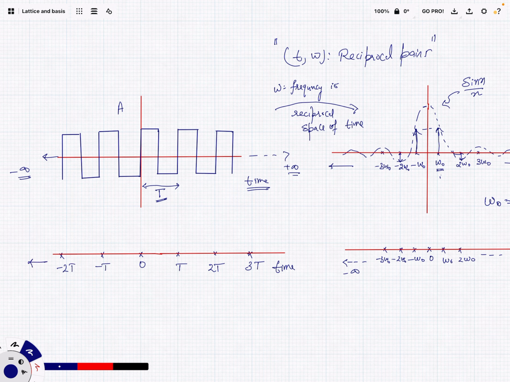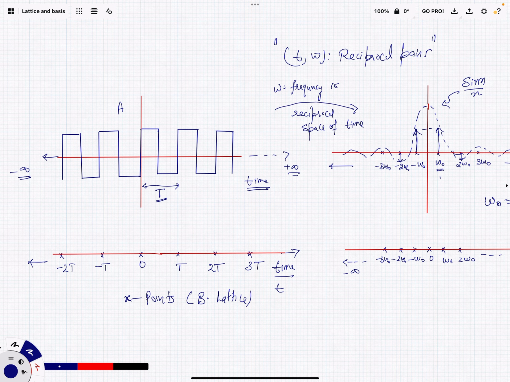So you see, if you have a periodic function on the time axis, and if you take these crosses as special points, they also form, in a sense, a Bravais lattice, but they are forming in time.